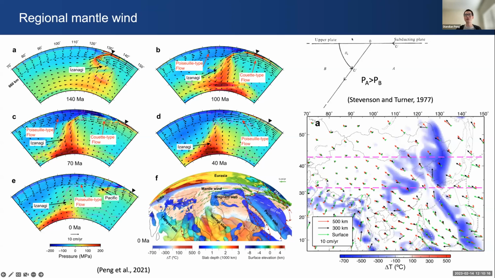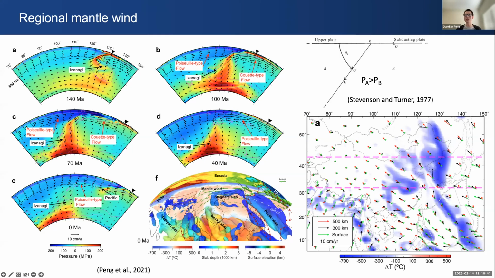For a dipping slab, it has been shown that beneath the slab and in the mantle wedge, the dynamic pressures are different. Beneath the slab, the pressure is often larger than in the mantle wedge, so there will be a landward push by the dynamic pressure.